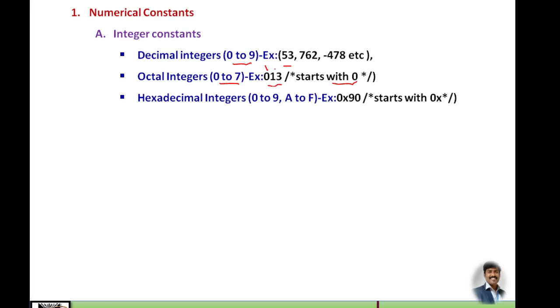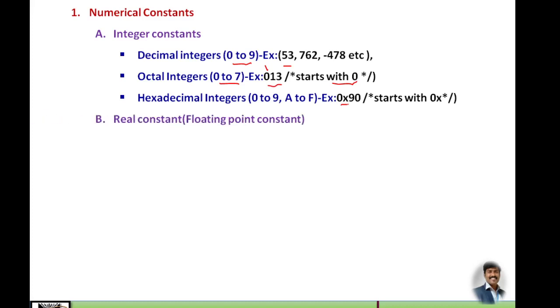Another type of numerical constant is the hexadecimal number. In hexadecimal, digits 0 to 9 and the alphabets A to F are used, and every hexadecimal number should begin with 0x. So 0x represents a hexadecimal integer.